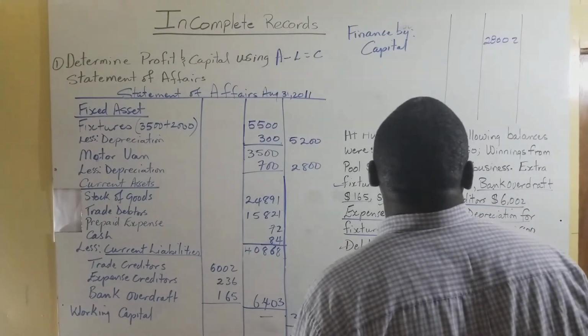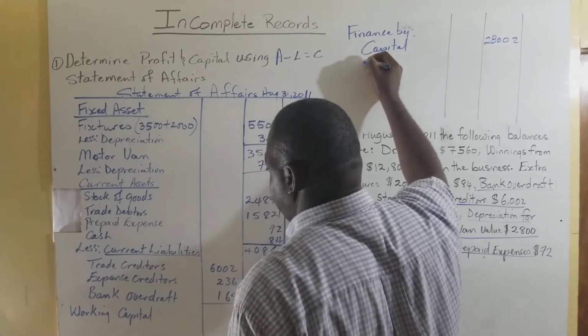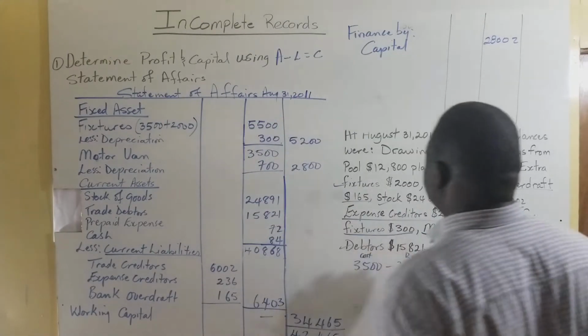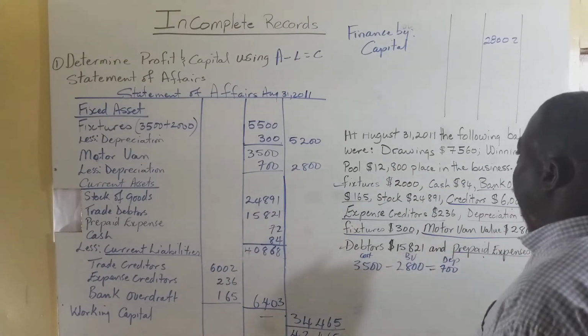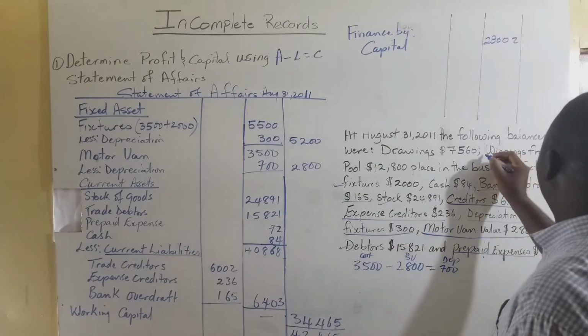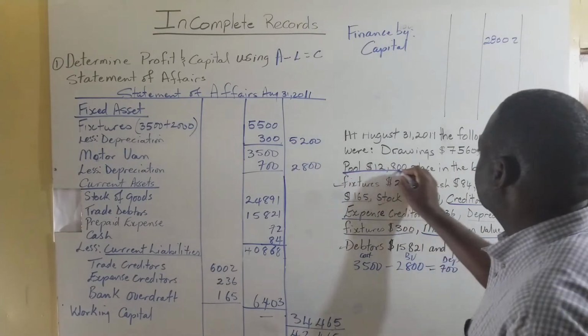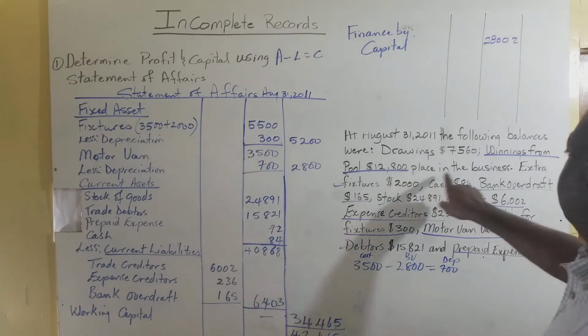That was the capital figure, 28,002. We're going to add now the winnings. He did say he won something and put it into the business. Yes, that was the pool right here, 12,800. So winnings from pool, and he placed it into the business.